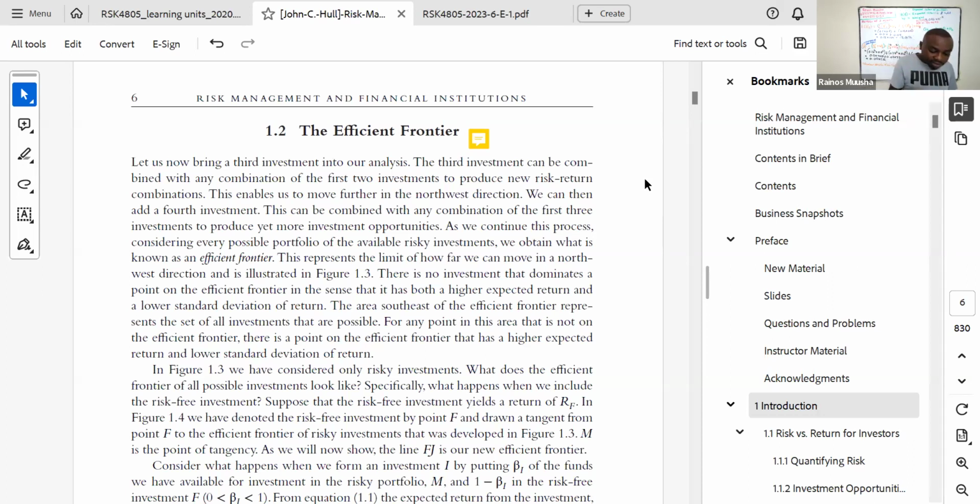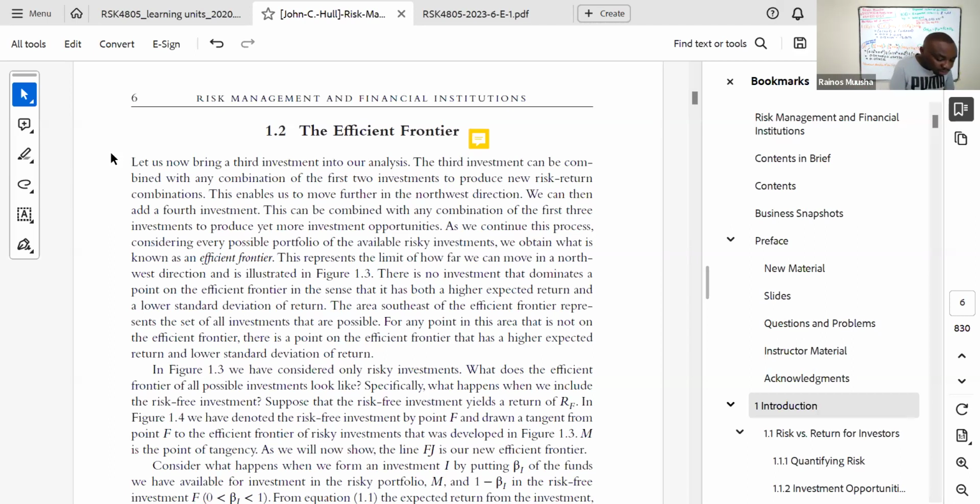Every investor wants to maximize a return for a given level of risk, and at the same time minimize the risk for a given level of return, isn't it? That's basically what every investor is trying to do.